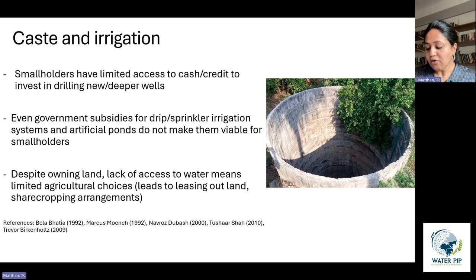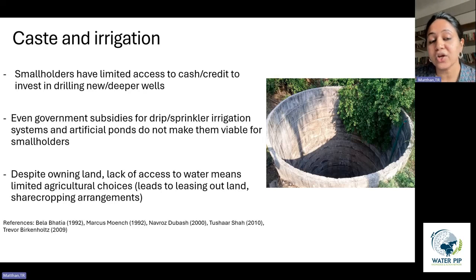So what emerges as a result is a particular relationship between marginality and irrigation, right? Not only is marginality physically embedded in the landscape in many of these villages, but more broadly, smallholders simply do not have the same kind of access to credit and capital to keep investing in wells.